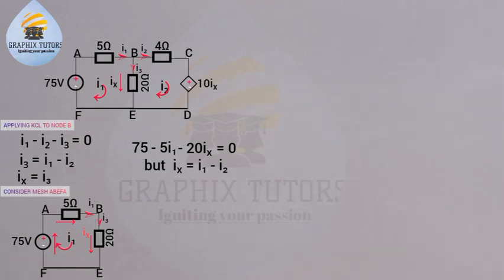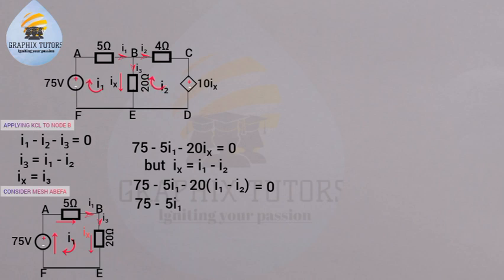So 75 minus 5I1 minus 20 in bracket I1 minus I2 to replace my Ix equals 0. Now 75 minus 5I1 minus 20 times I1 gives minus 20I1, minus 20 times minus I2 gives plus 20I2, and this equals 0.